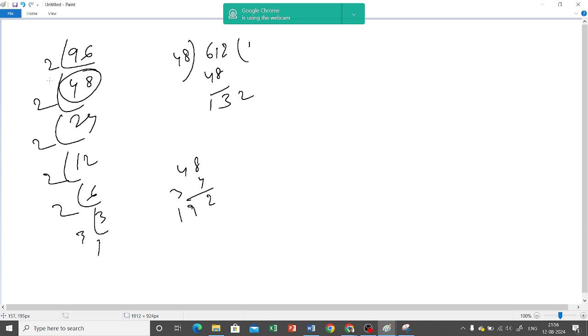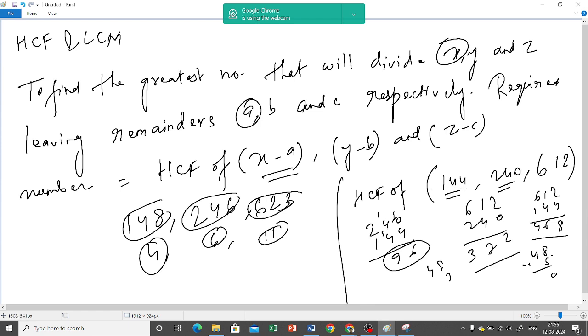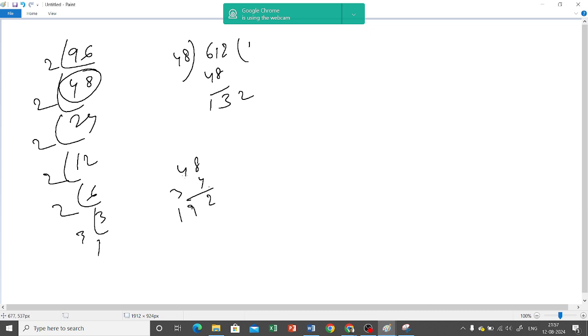So what would be the next one? I need to see whether there is any other factor below 48 which will divide these. 32 is another factor, but 32 doesn't divide 144.